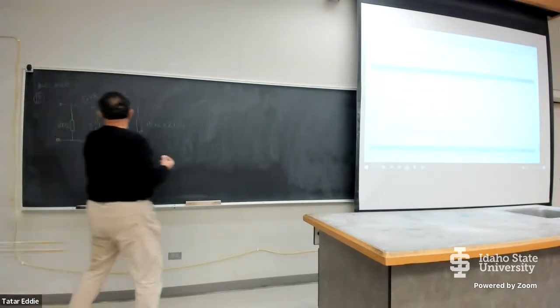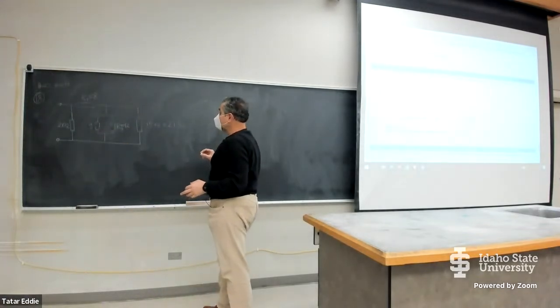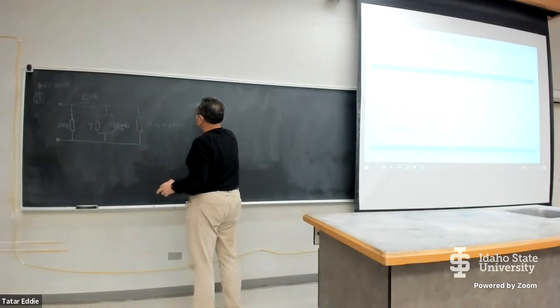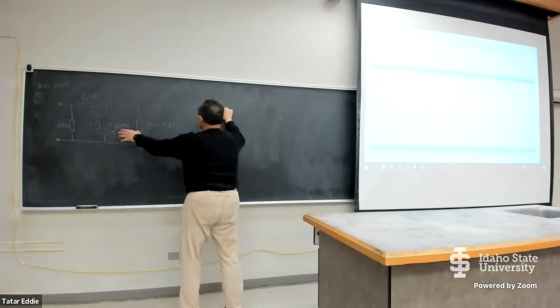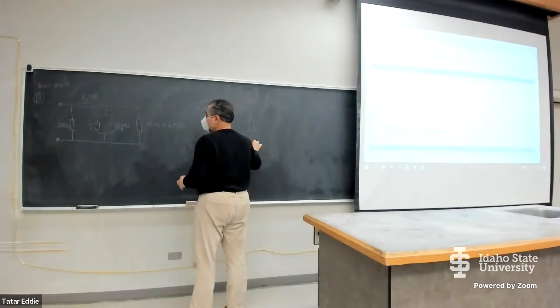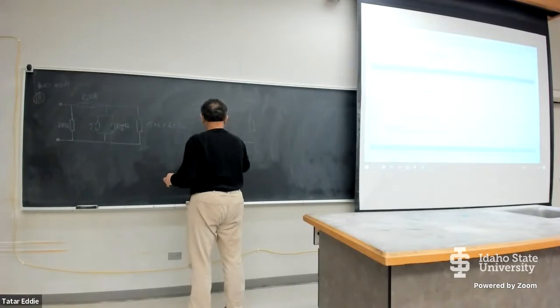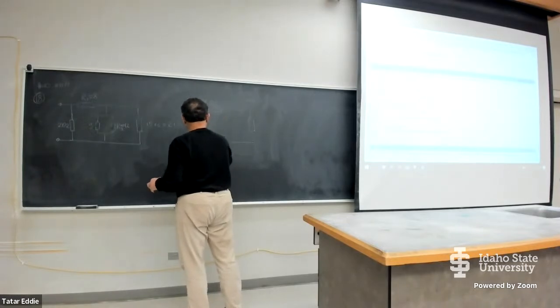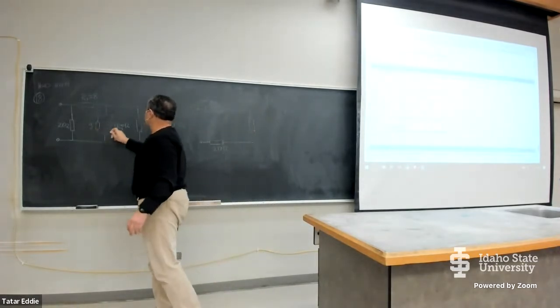When you replace those three with a single resistor, you're going to have a circuit that looks like this. You have your 8 ohm here. After that, those three replaced by a single resistor whose resistance we're going to calculate. And after that, you have your 20 ohm, and that's it.